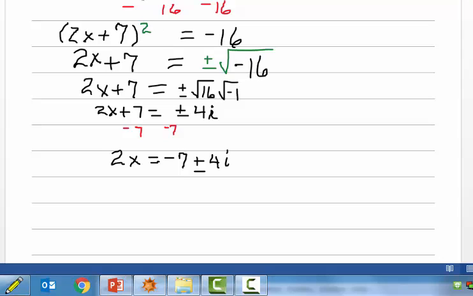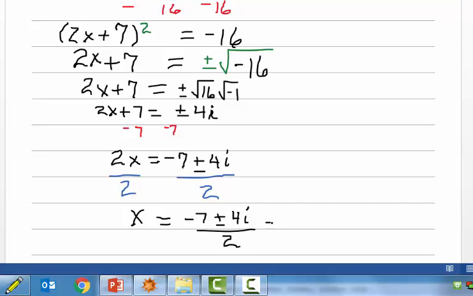And now I want to isolate the x by dividing both sides by 2. So I now have x equals negative 7 plus or minus 4i divided by 2.